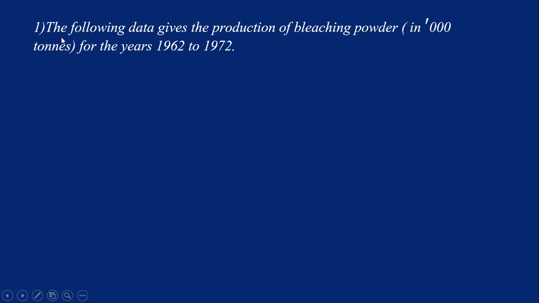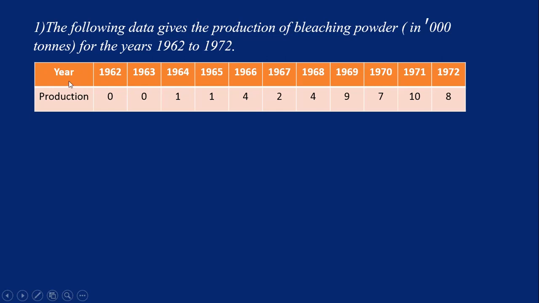First example: the following data gives the production of bleaching powder in 1000 tons for the years 1962 to 1972. Here values of T are given: 1962, 1963, 1964 and so on up to 1972. And the other is production: 0 tons, 0 tons, 1000 ton, 1000 ton, 4000 ton and so on.